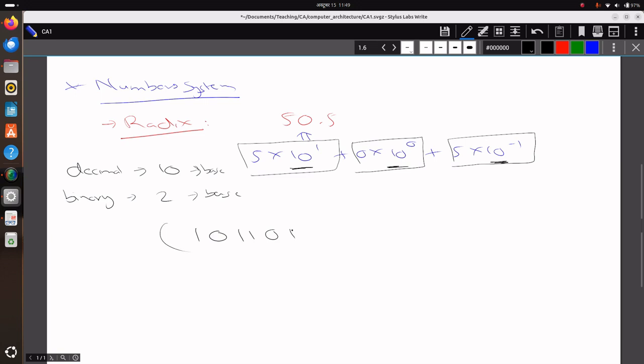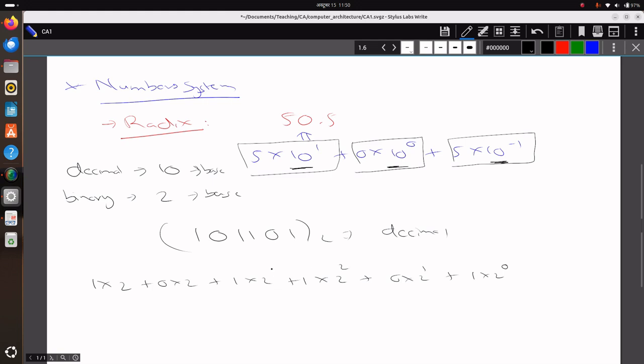If we want to convert this particular binary number into a decimal number, then we use a base or radix of 2. So 1 into 2 to the power 5 plus 0 into 2 to the power 4 plus 1 into 2 to the power 3 plus 1 into 2 to the power 2 plus 0 into 2 to the power 1 plus 1 into 2 to the power 0.